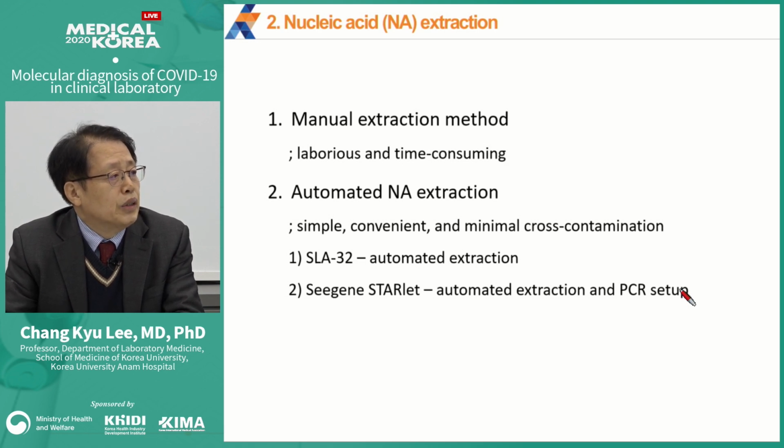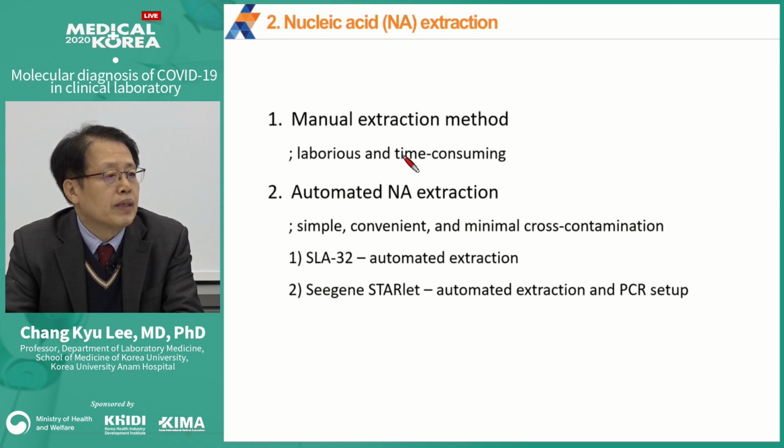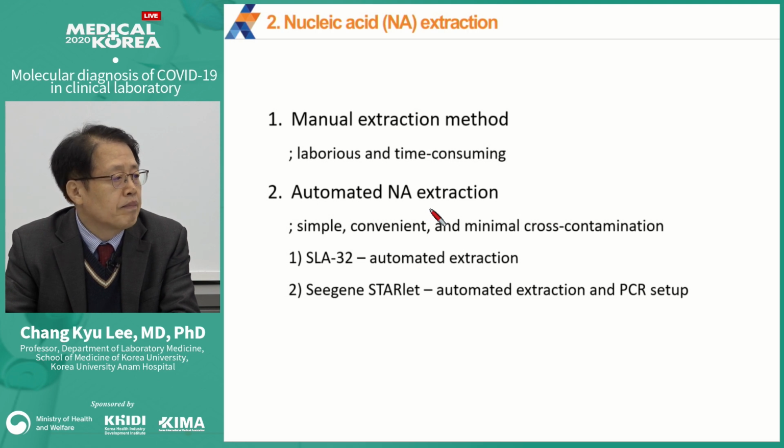Second topic is nucleic acid extraction. Manual extraction method is laborious and time-consuming. Above all, there is a chance of cross-contamination, which can give you false positive results. We hate this. We use automated nucleic acid extraction system.